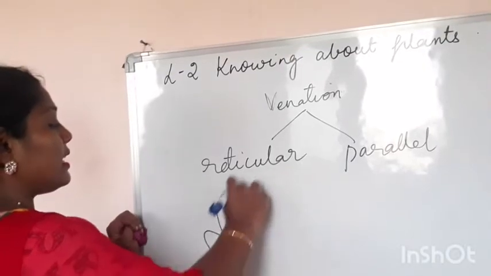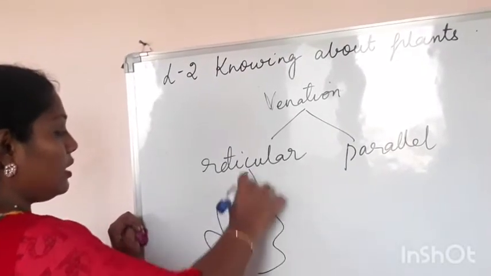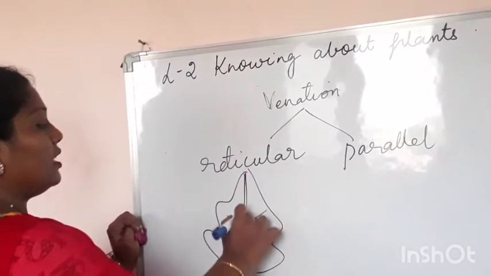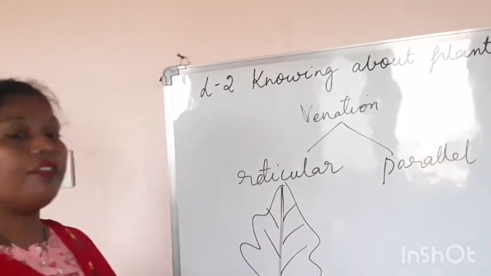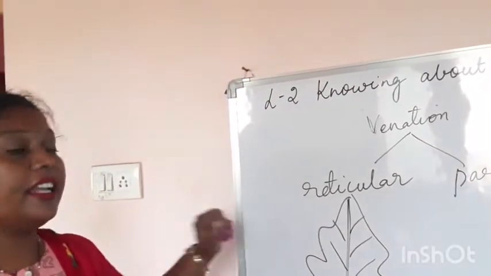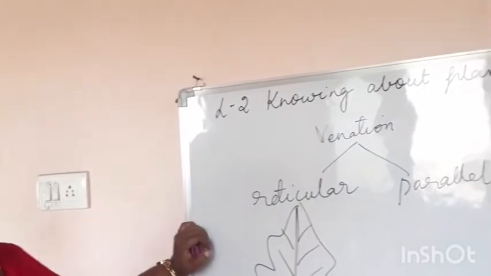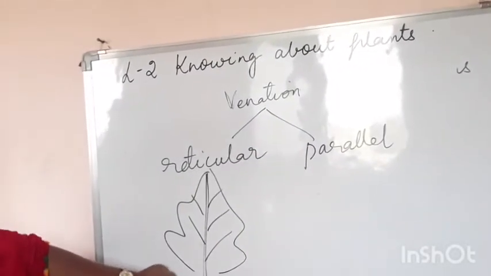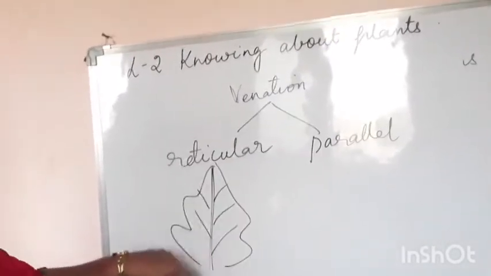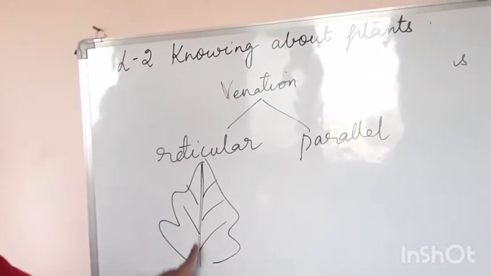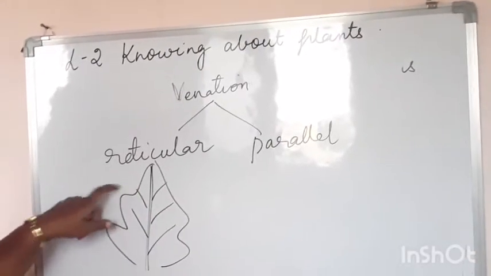So children, as I said, the general venation that we see, this kind of venation is known as reticular venation. See here, the veins will come from the main midrib. Here the veins are coming out of the main midrib.